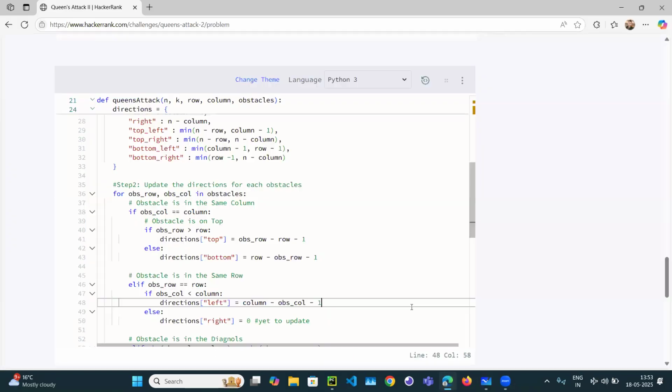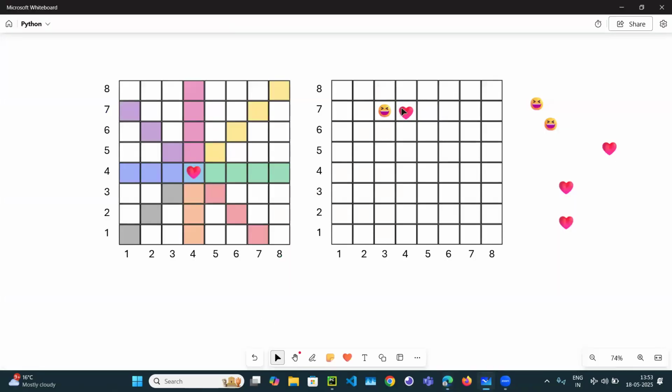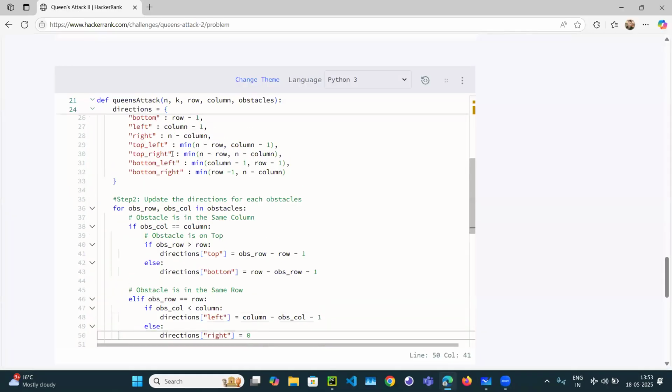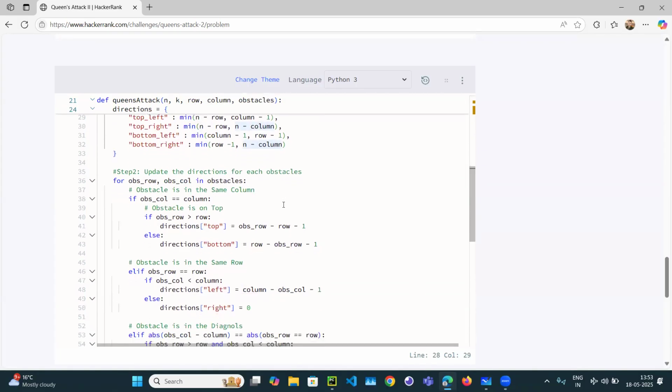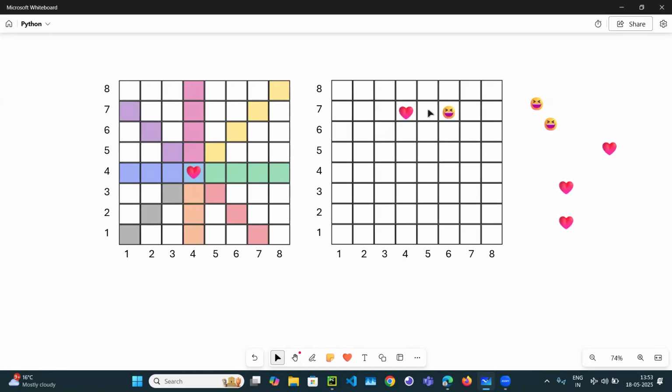Now you need to update the right as well. The earlier formula was n minus column. Now, how many columns can you go till the right?